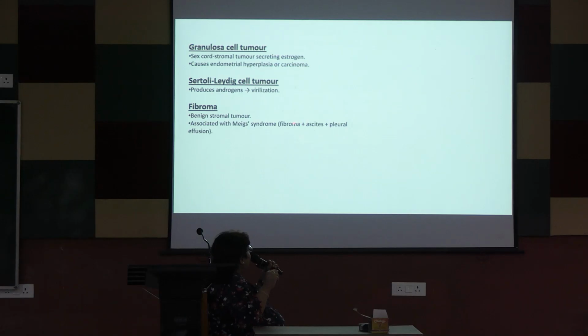Meigs syndrome is fibroma with ascites with pleural effusion. This is important. Meigs syndrome may come as an MCQ also, and may be asked in the viva also. Meigs syndrome consists of fibroma, ascites and pleural effusion. These are the triad of Meigs syndrome.